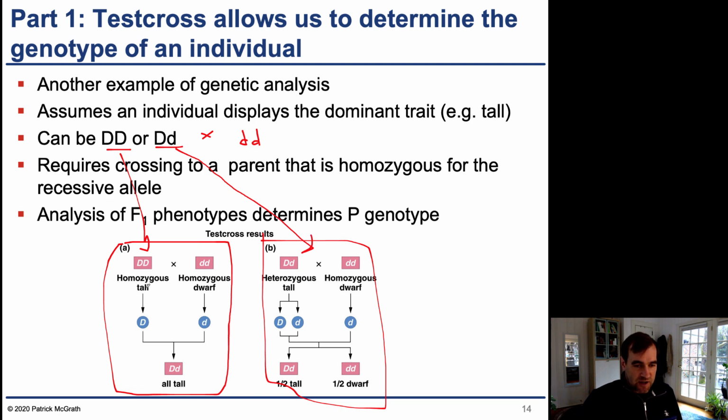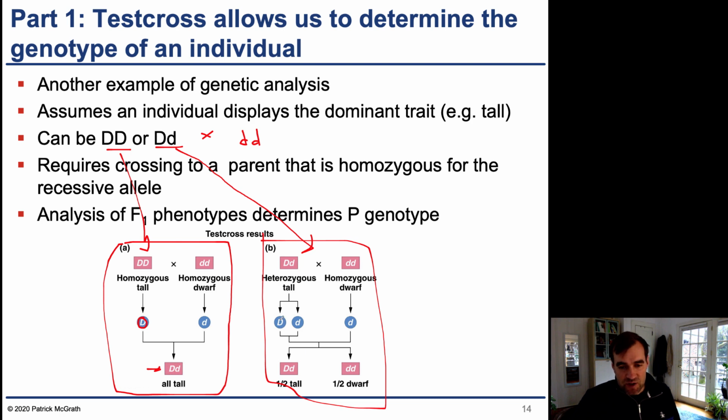The homozygous tall would only produce the big D gamete because it's a homozygote, and the homozygous dwarf would only produce the little d. So every single offspring from this cross would be tall individuals. In this case, if the individual was heterozygous, then it could produce 50% of each different gamete.